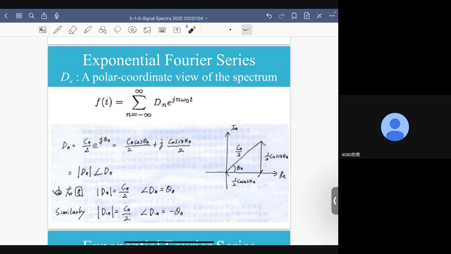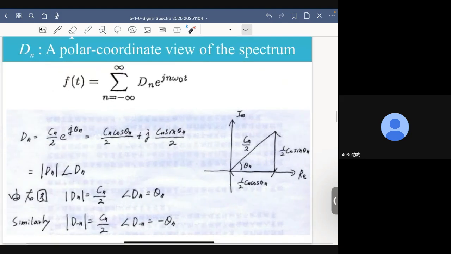But when we use Dn, we look at Dn from a polar coordinate perspective. Why? Because the distance from the origin to Dn is actually Cn over 2, that is 1/2 Cn, which is directly proportional to the amplitude spectrum.